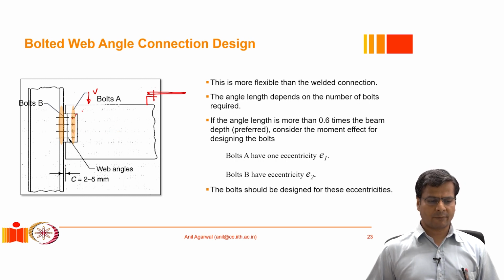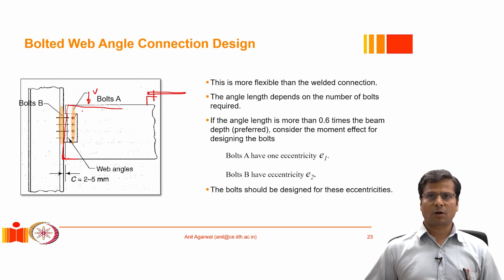Typically, when we provide this kind of connection, we leave some distance between the beam and the column. The reason for leaving this distance is that it allows for a rotation of the beam without it coming into contact with the column. If the beam starts to rotate because of the applied loads, the top flange and bottom flange of the beam would come into contact immediately if there was no gap.